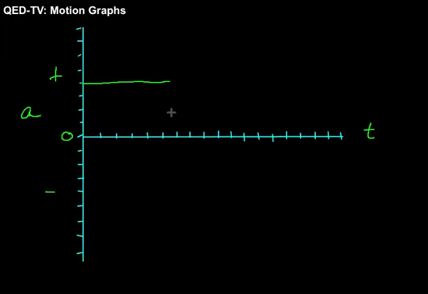I could have a constant acceleration, a straight line, which means I'm accelerating the whole time. I'd be going faster and faster and faster, and that's the positive direction. So on a velocity time graph, that would be like a positive slope.